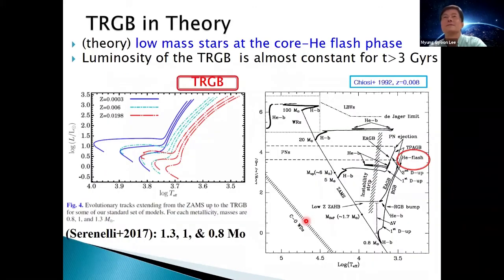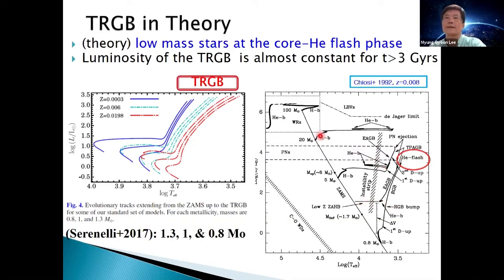In astronomy. And also, if you take a look at the evolutionary track of low mass stars, they follow this temperature and luminosity. So stars evolve from the main sequence, this is one solar mass. They follow the RGB, reaching the helium flash stage, and then the horizontal branch.